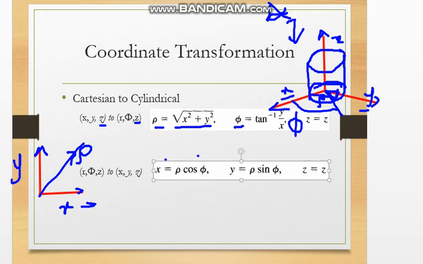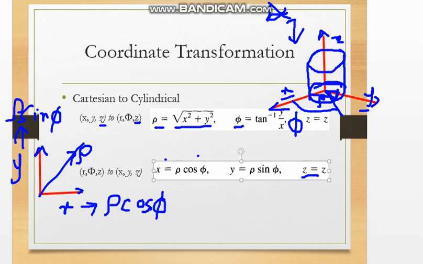In that vector division, in x axis we can write rho cos phi. If we divide a vector in x axis, we always get a cosine term, and in y part you will get the sinusoidal part, rho sine phi, and z is equal to z.